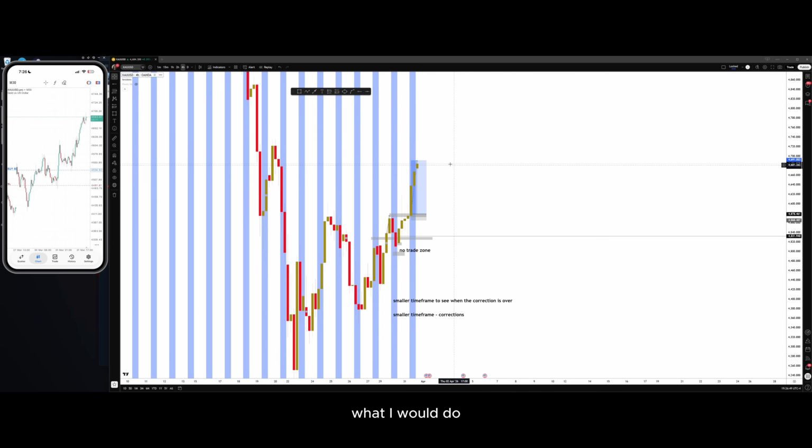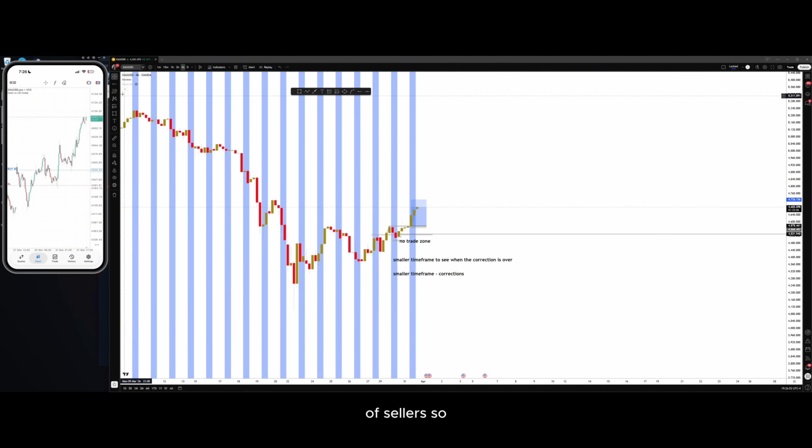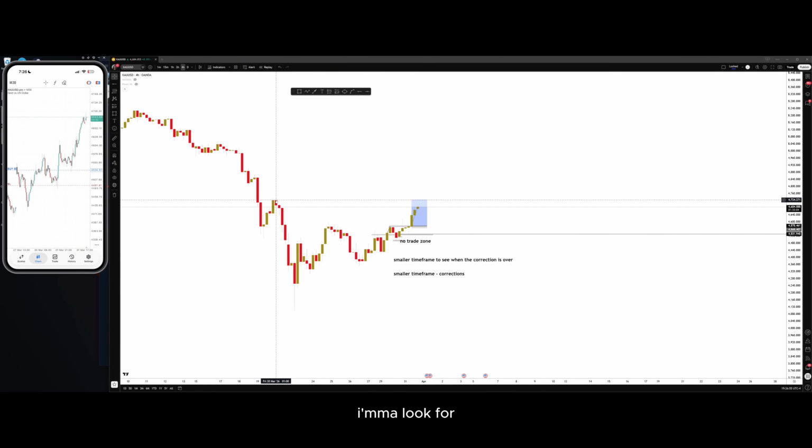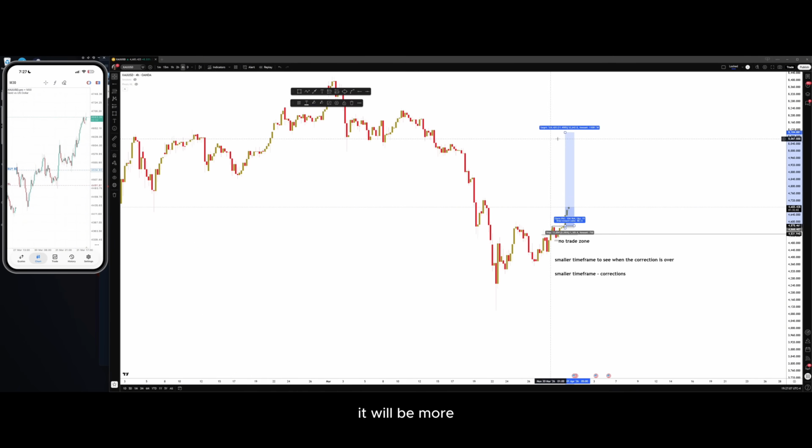So what I would do is go to a 4 hour time frame and look for the next level of sellers. So I'm going to delete this. I'm going to look for the next level of sellers. So in this scenario, here was the first level. Price ended up coming to that level and breaking out. So then it would have been this level next, and then after here, it will be more and more and more.